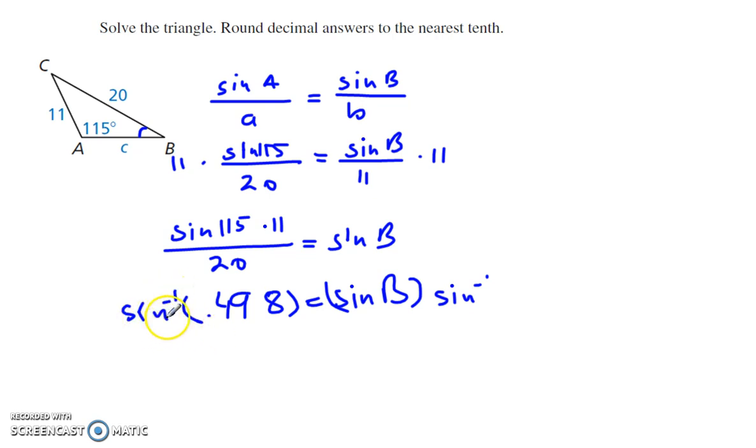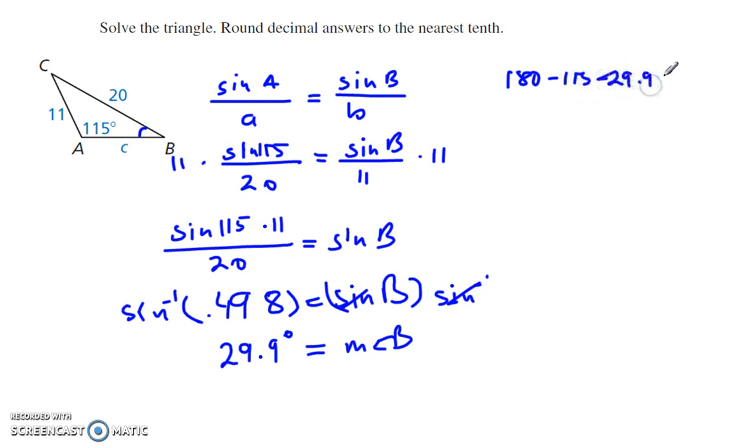Okay, so now you do inverse sine of 0.49, and that cancels out the sine, and you get the measure of angle B is equal to approximately 29.9 degrees.